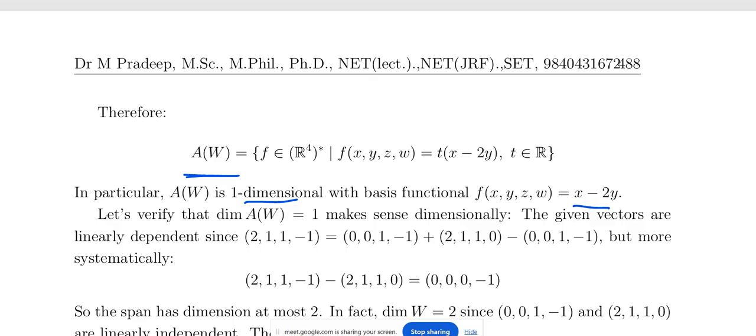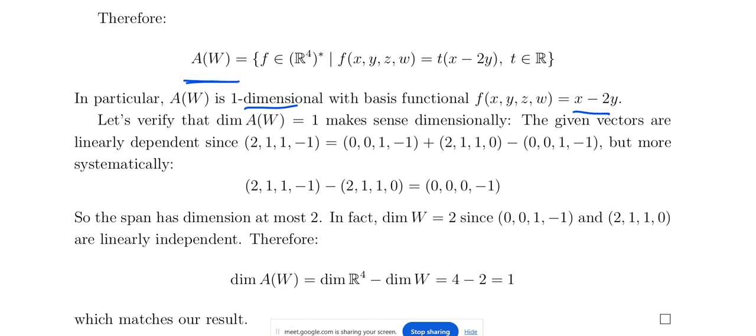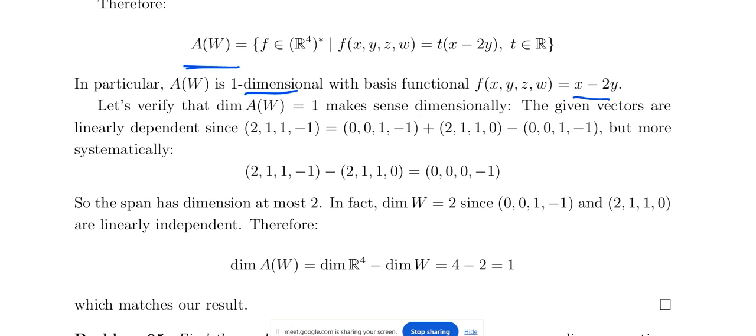So this gives that 2, 1, minus 1 are linearly dependent, meaning we can write one as a linear combination of the others. Therefore the span has dimension at most 2. So dimension of W equal to 2, therefore dimension of AW equal to 4 minus 3. I thought this is equivalent to 2. Something is wrong.